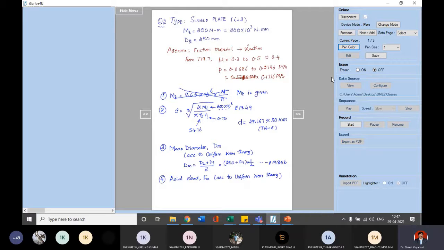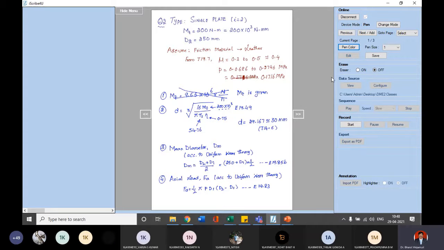The equation is FA is equal to half pi P D1 multiplied by (D2 minus D1). This is equation number 19.83. What is this? It is nothing but your axial load.